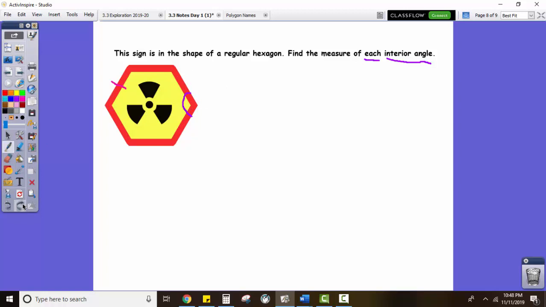So first of all, I need to know how many degrees are in the hexagon. Count the sides. 1, 2, 3, 4, 5, and 6. So there's 6 sides. Take away 2. Multiply by 180. 6 take away 2 is 4. Times 180 is equal to 720 degrees. So there's a total of 720 degrees in a hexagon, but now all 6 of these have to add together to equal 720.